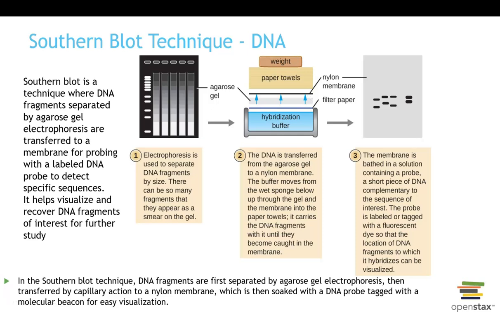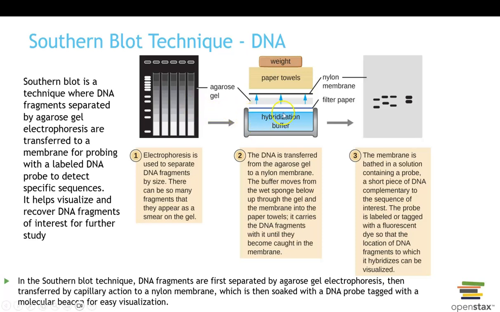agarose gel. And then they use some probes that are labeled with fluorescence or maybe radioactivity. Imagine we are looking for a specific gene that is related to cancer, or a gene that is related to a specific disease.